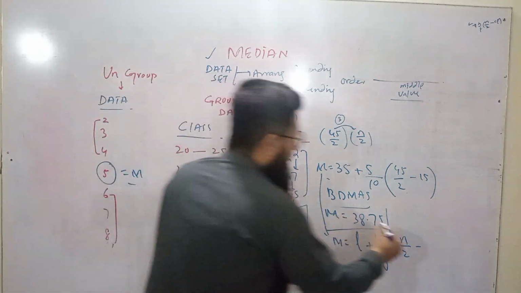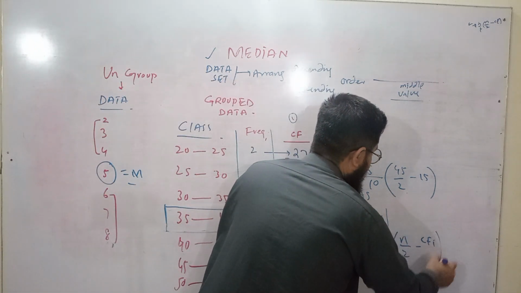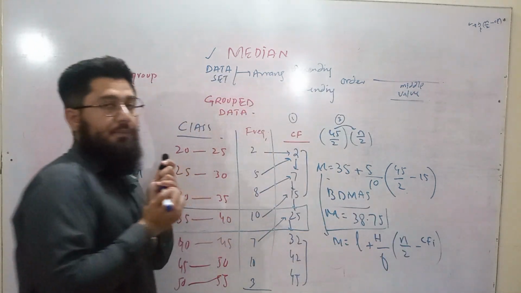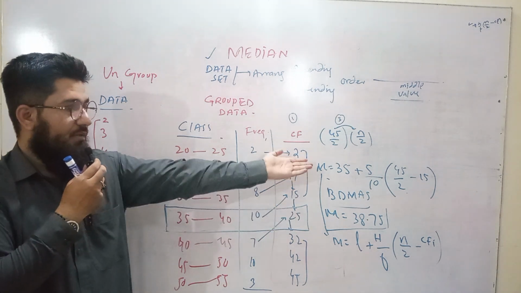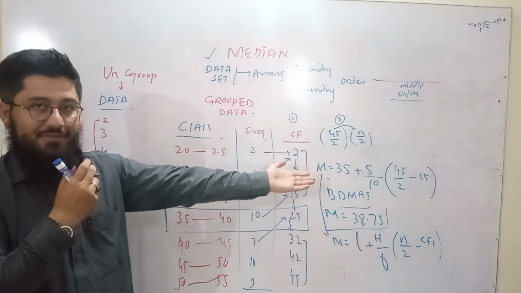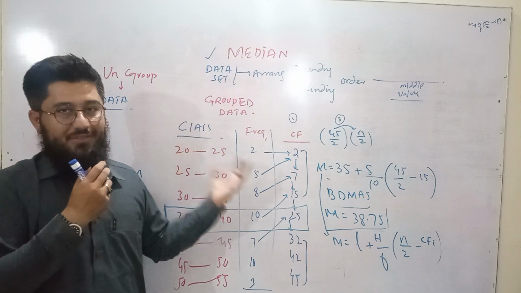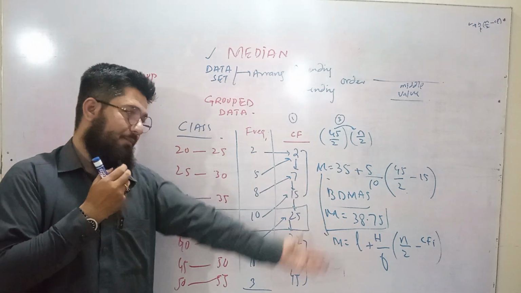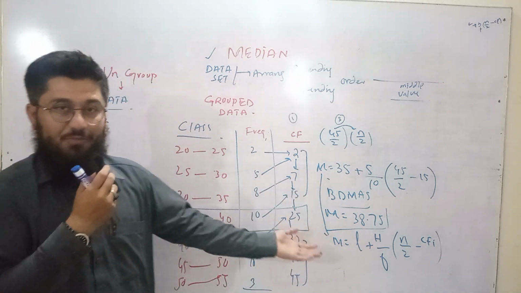Which one? The preceding one. So right here, CF. Cumulative frequency, preceding one. Here you go, the formula from the data. From the data, we directly put the data and got our answer. And again, we got the formula from the data.